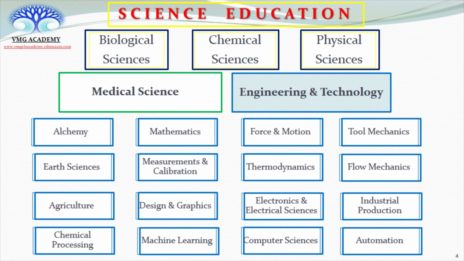Similarly, in engineering and technology, we have different sub-disciplines like earth sciences, agriculture, chemical processing, mathematics, machine learning, electronics, computer sciences, industrial production, flow mechanics, and so on.